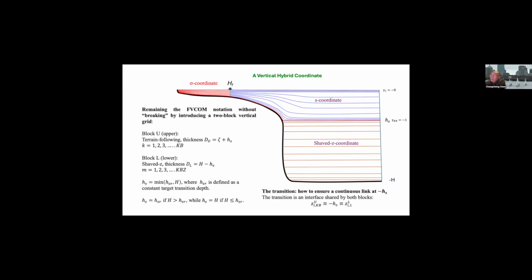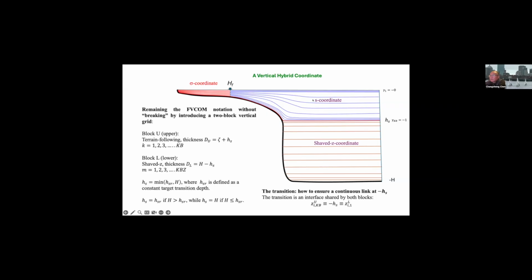What really happened is that we still keep everything the same in FVCOM in some regions. We choose a depth called H_S, HS, which the user defines. You can choose the vertical height coordinate.